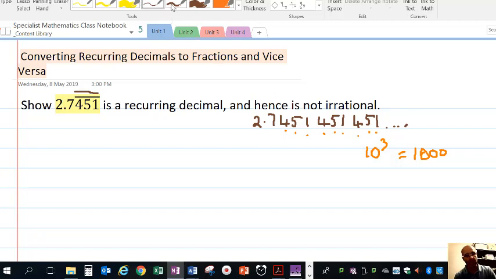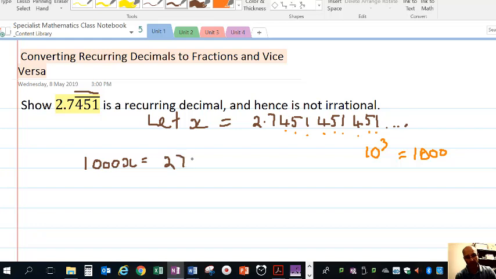So we're also going to let x equal this number, 2.7451 with the recurring bar over the 451. I said before, multiply by 1000. So if x equals that, 1000x equals, well, the decimal spot shifts 1, 2, 3, so it's just sitting there after the 5 now.